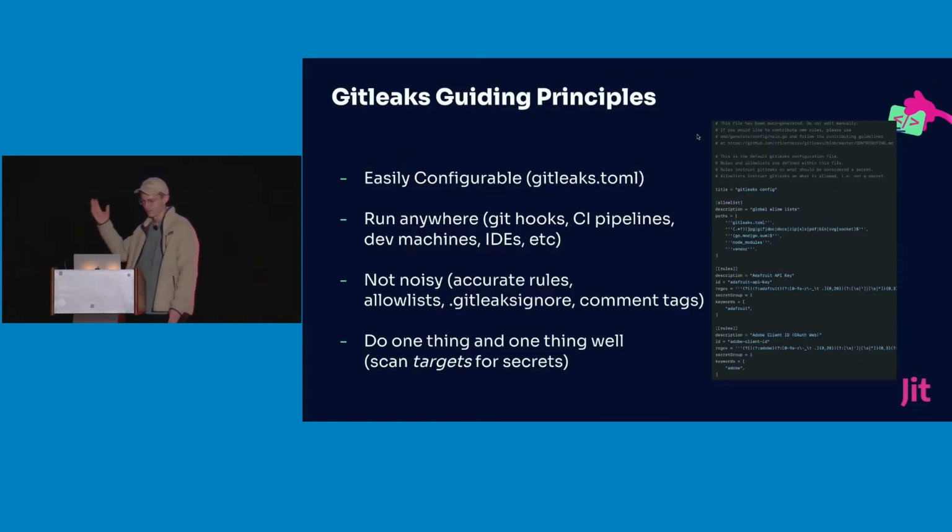Yeah, so one of the reasons why I think Gitleaks is popular is that it follows a few guiding principles. First one is it should be easily configurable. And that's achieved through a single configuration file, the gitleaks.toml, where you can define rules and heuristics for what you want to scan for. So the power really comes from finely tuned regular expressions and entropy.